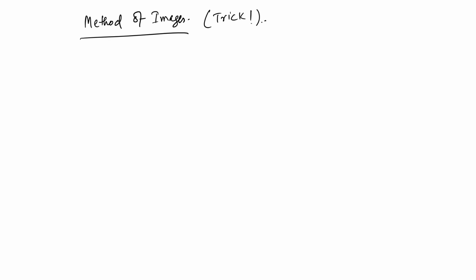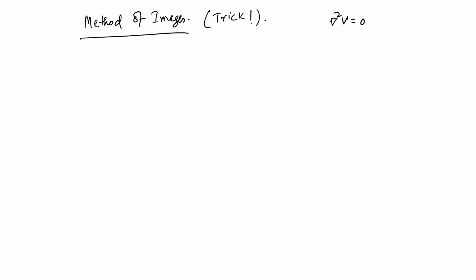Because it uses one very important concept: if you somehow can find a solution for V, with V equal to 0 or equal to rho by epsilon 0, which satisfies all the boundary conditions, then that is the only function and there is no other function.